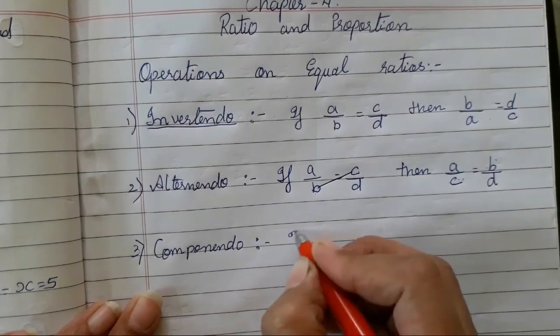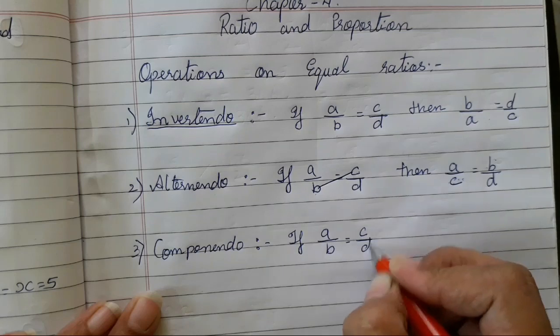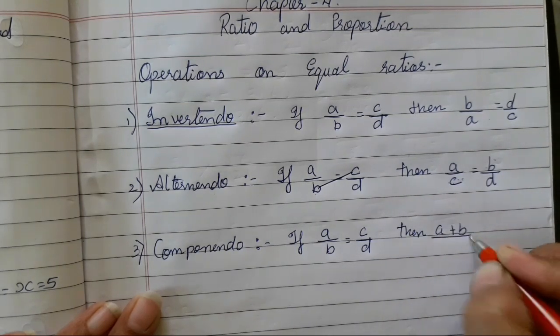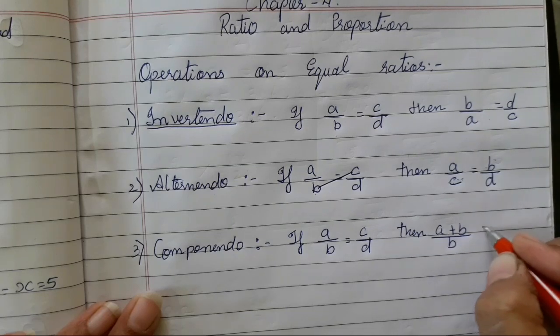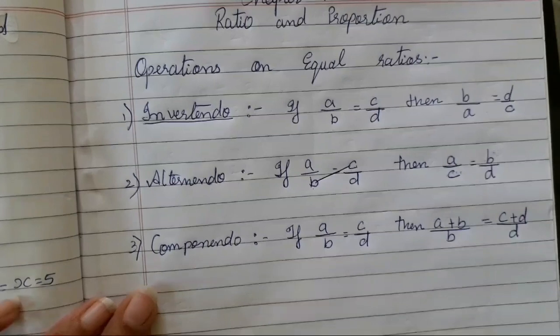Okay, now moving towards the third operation, that is componendo. For this, if A upon B is equal to C upon D, then A plus B upon B is equal to C plus D upon D. Got it, children?